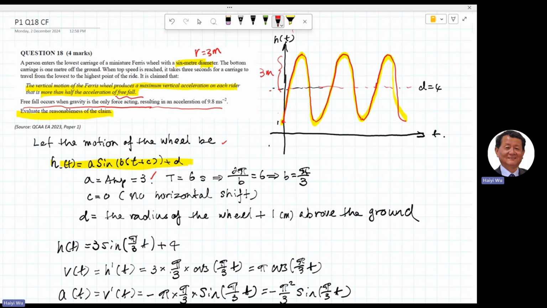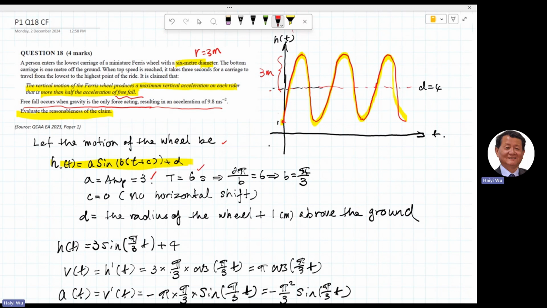Now, the time taken for one cycle, from lower to high, then come back to the low again, takes 6 seconds, because 3 plus 3.